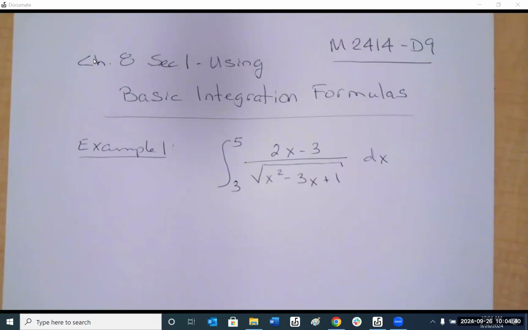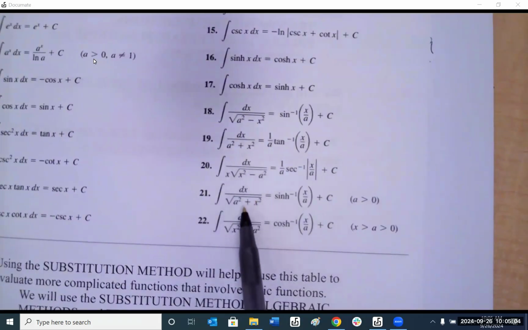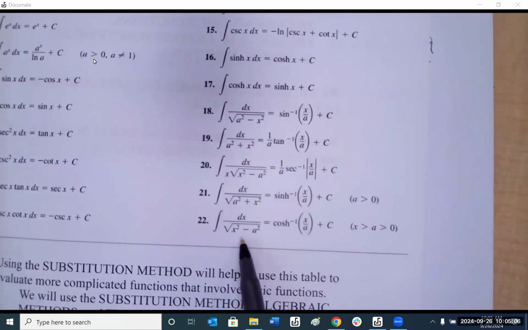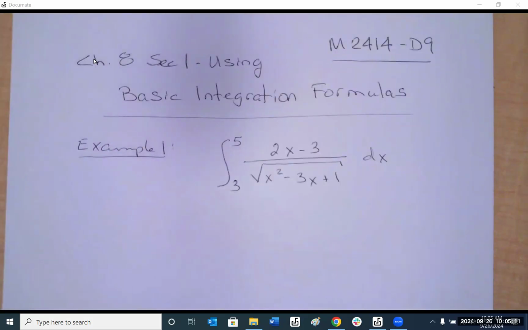So, what procedure would you utilize in this example? Does this bottom fit into any of these right now? No, no, no. Okay, so what we have to do is we have to use substitution.